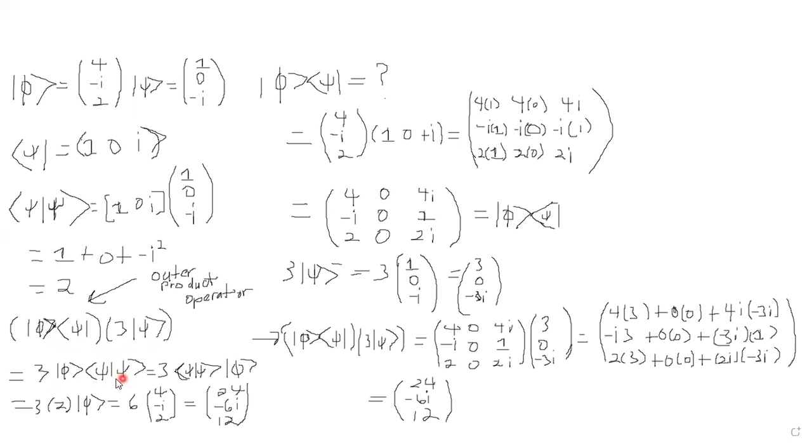We already calculated this, which was equal to 2. But I put an extra step in here to show that this is a number, so it can be moved over to here. We have to be careful because we're dealing with matrices. Matrices or column vectors are not automatically commutative, so we have to be very strict with our linear algebra.